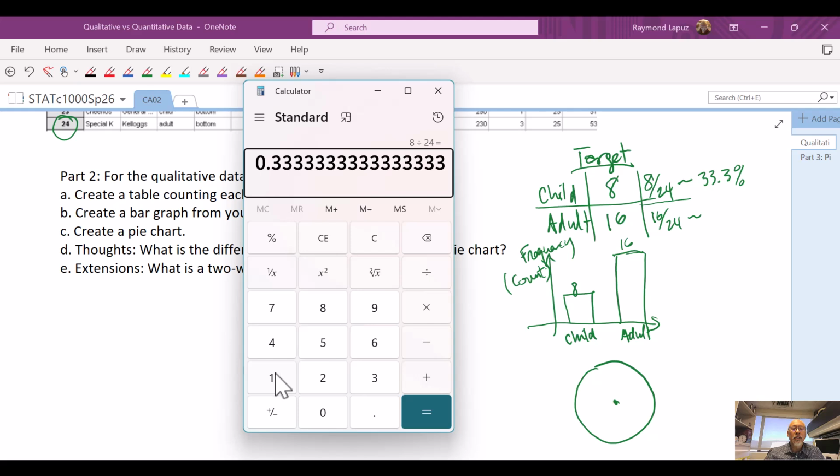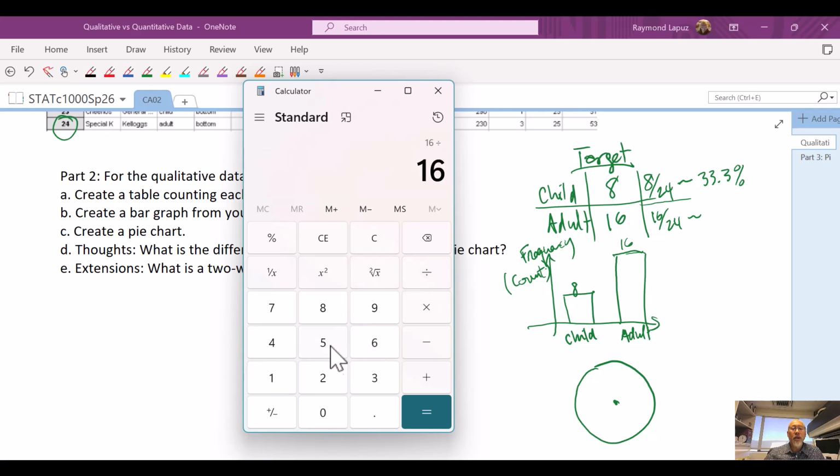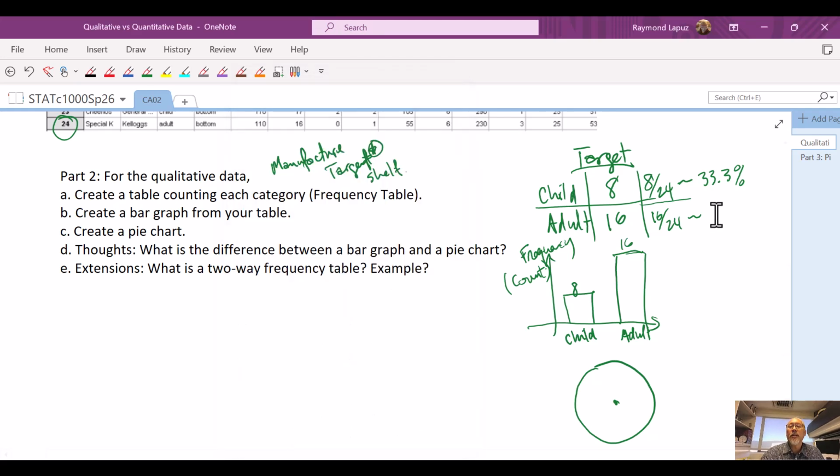So this is 16 divided by 24, and we got 66.67. So the idea is that we want this total to be 100%, so we probably want to round this up to 67, so that when we add these two things, they add up to 100%.